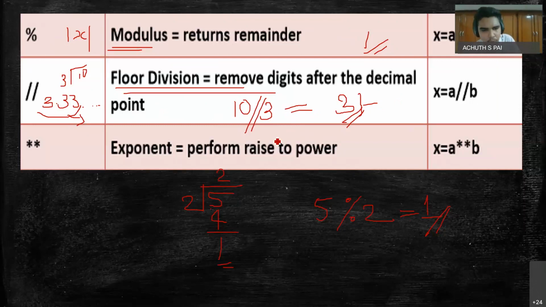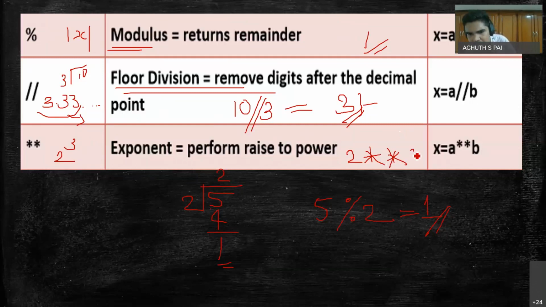Next, we come to the operation used to perform raised to the power. Like in maths, we write 2 raised to 3. It is not very easy on the keyboard to type 2 raised to 3. So in Python, what we do is type 2, then 2 stars, the stars that you use in multiplication.